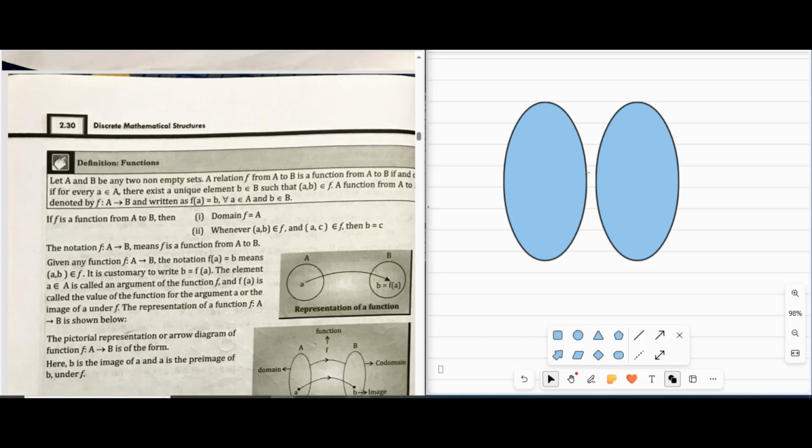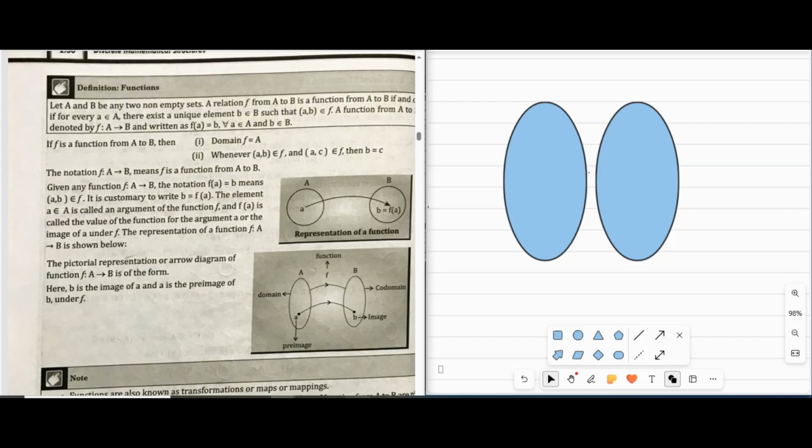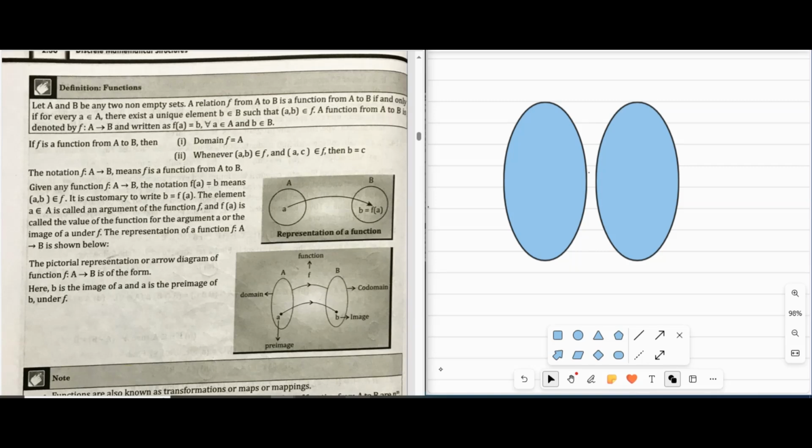Then, what will be the definition of function? A proper definition of function can be written as: let A and B be any two non-empty sets. A relation f from A to B is a function from A to B if and only if for every small a belongs to capital A, there exists a unique element small b belongs to capital B such that (a, b) belongs to f.